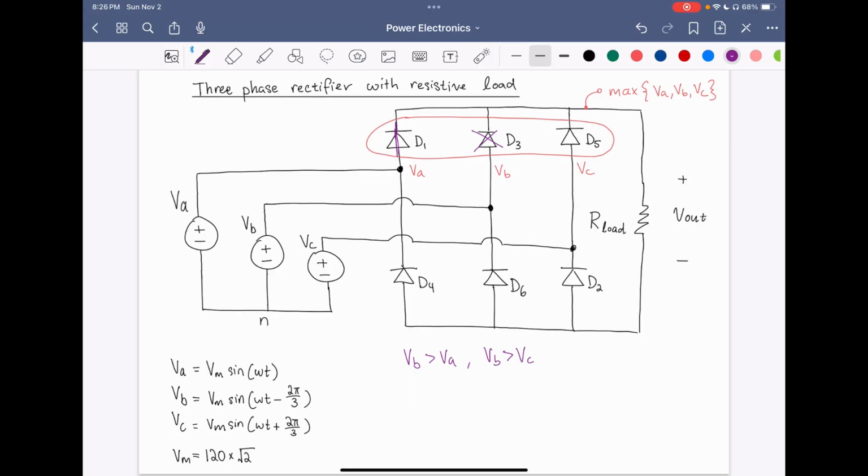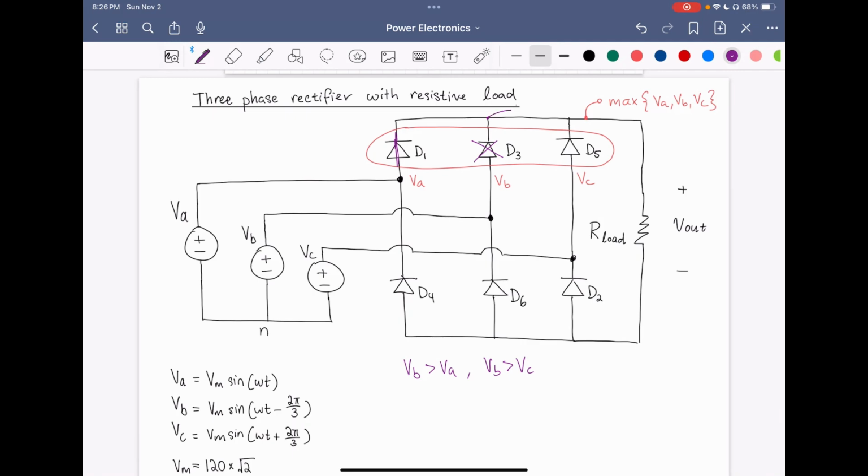So if D1 is conducting, that means that this node will be VA, but we know that VB is greater than VA. So that means that D3 actually should be conducting because VB is greater than VA and the diode will get forward biased. So that leads to a contradiction because then VA and VB are shorted to each other.